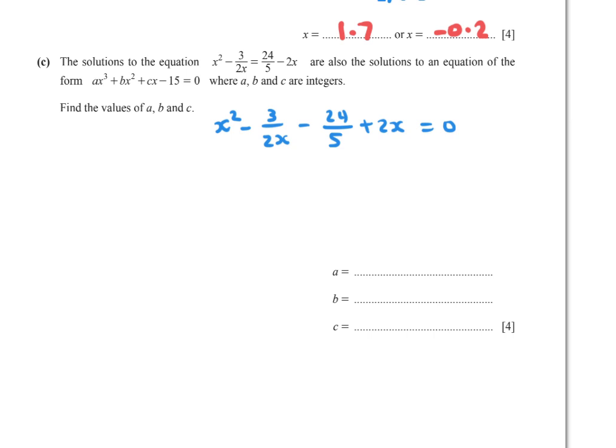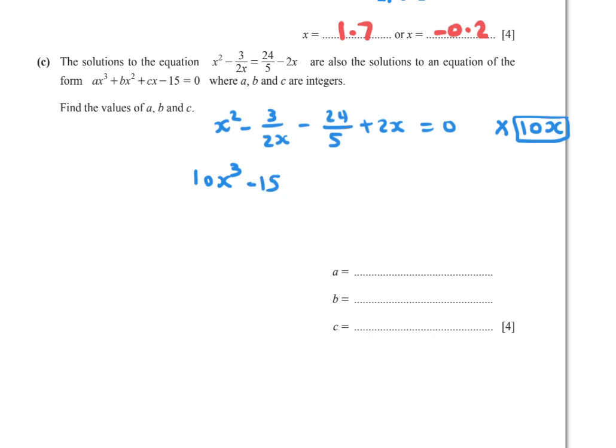Now to eliminate the denominators 2x and 5, multiply all terms by 10x. So x squared times 10x is 10x power 3. 3 over 2x times 10x, 10x divided by 2x is 5, 5 multiplied by 3, so negative 15.